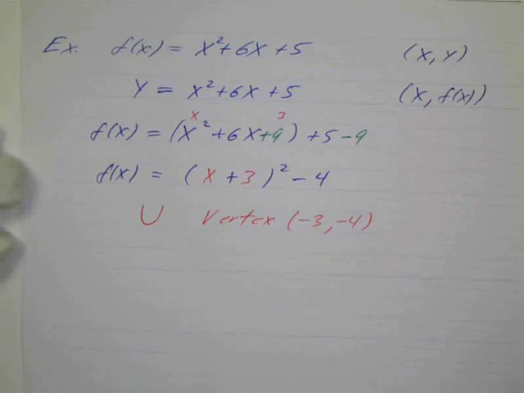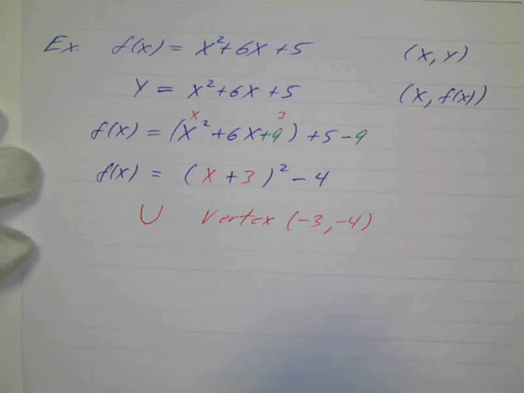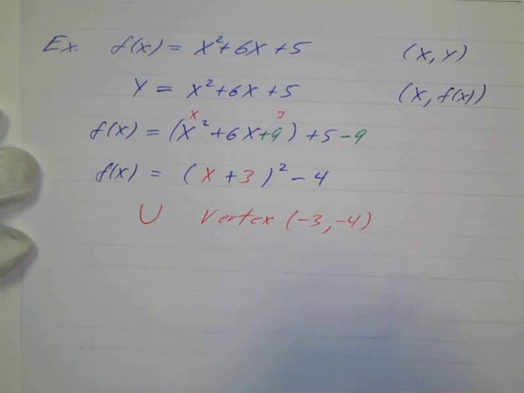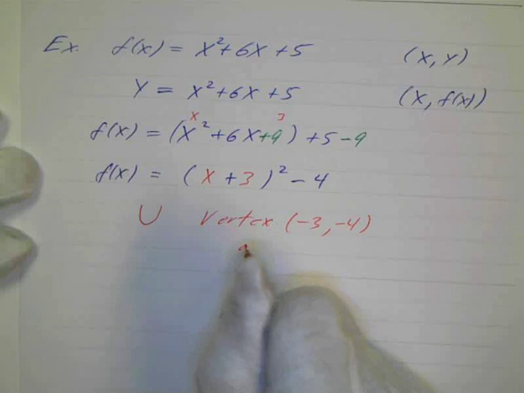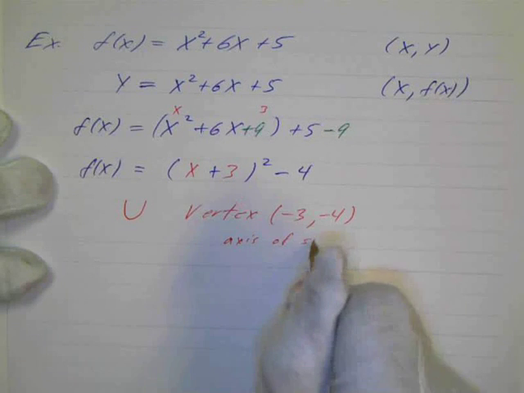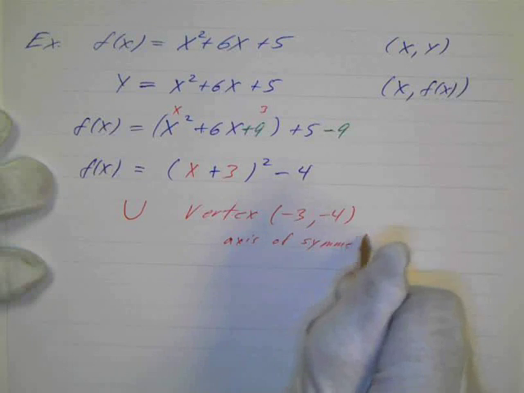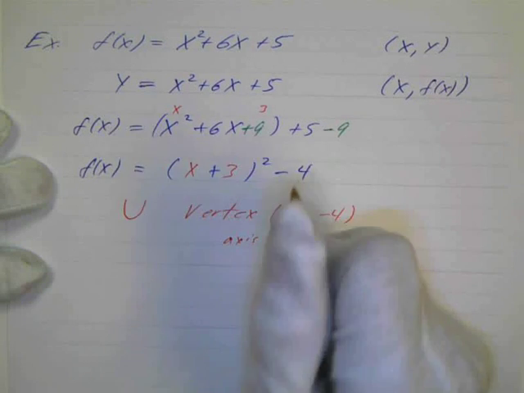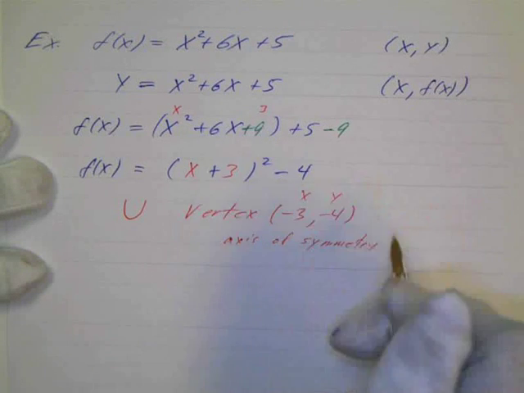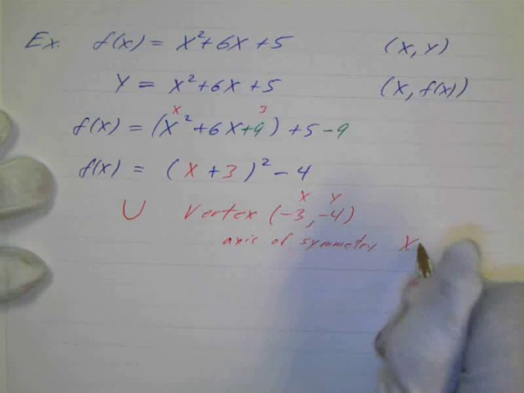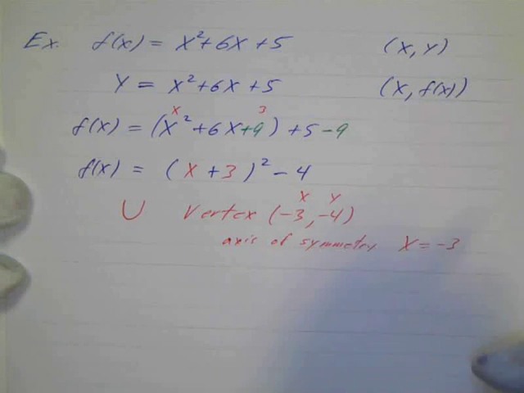In order to graph it, we can analyze this also. We know we have an axis of symmetry. This is the x and this is the y. It's real easy. It's just going to be x equals negative 3.